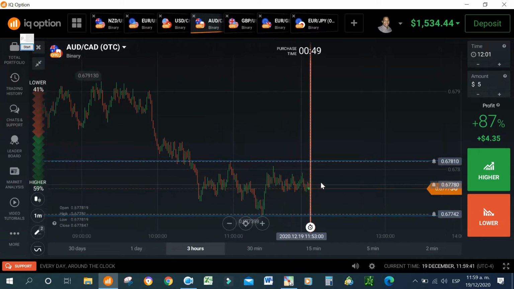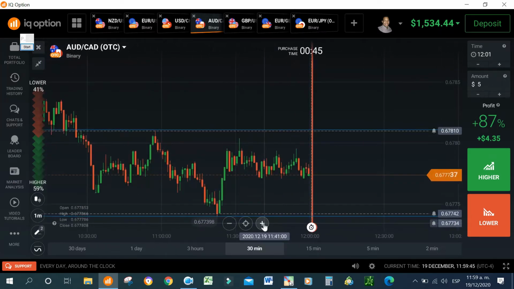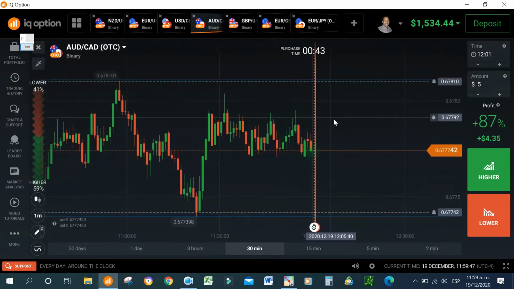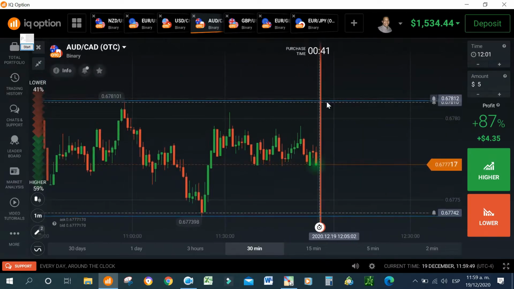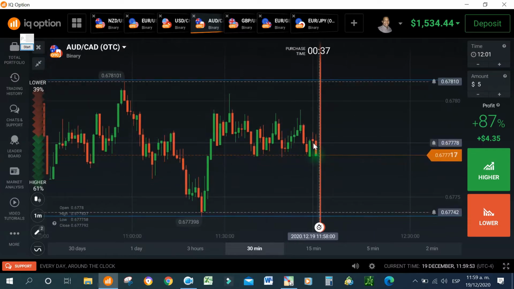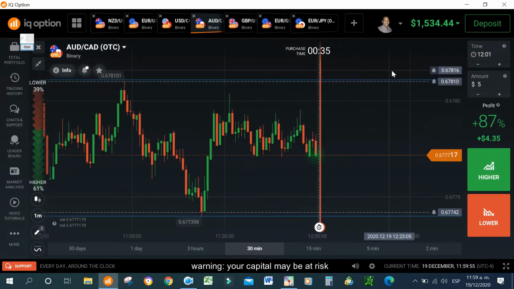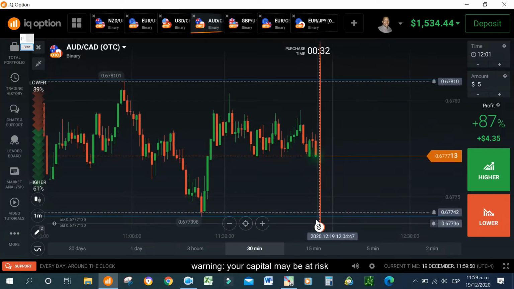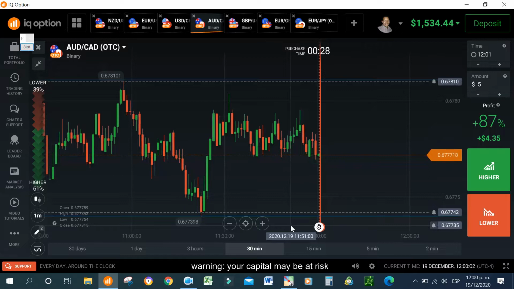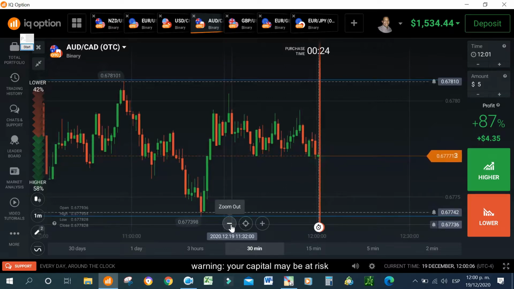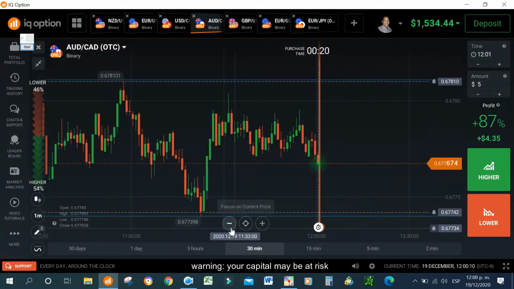Let's say, for example, the market is in range here. Whenever the market breaks up the resistance level or breaks down the support level, I'm going to consider an entry. But it all depends on how the market breaks those levels.